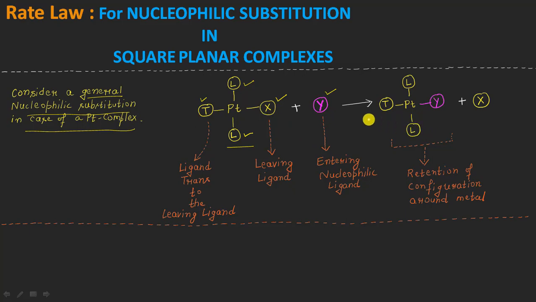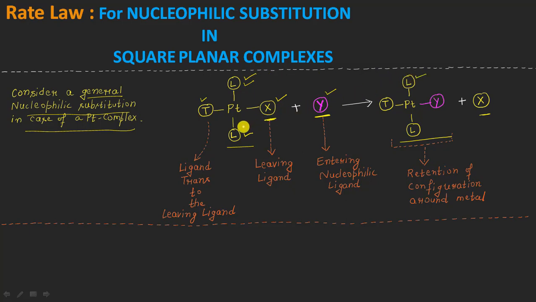So you can see basically what is happening: because it is a nucleophilic type of substitution, this Y nucleophile here is replacing or substituting this X nucleophile, such that we have this type of complex as the final product, and the X is moving out of this system, right? One more thing which you can observe here is that the orientation of this ligand is the same in this case as well as in this case.